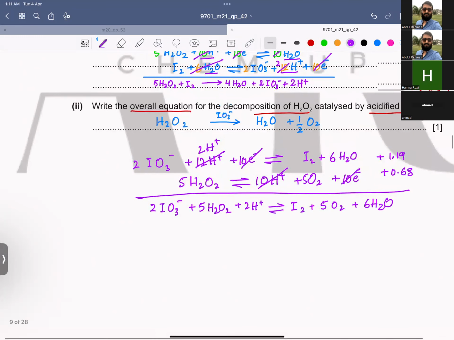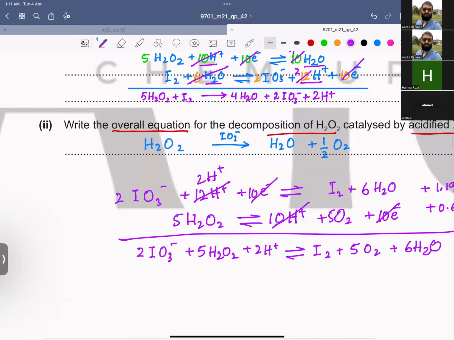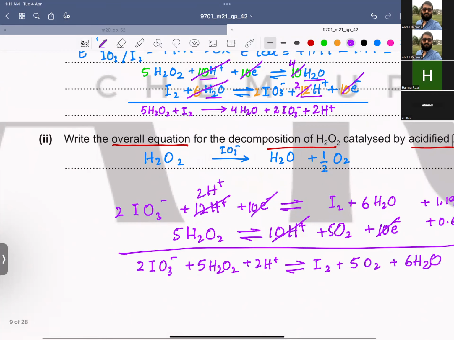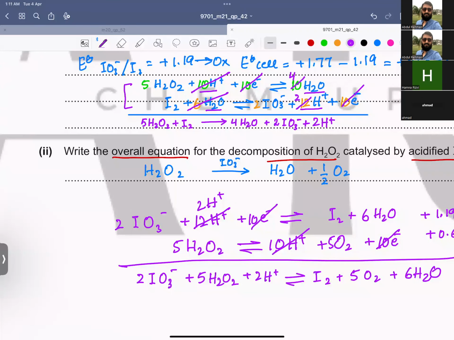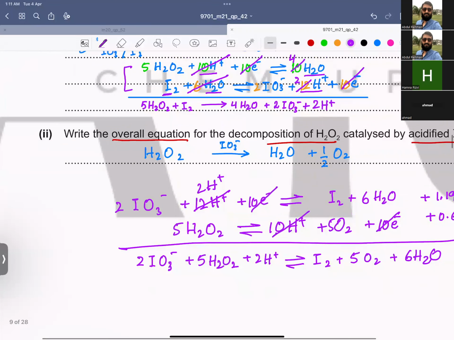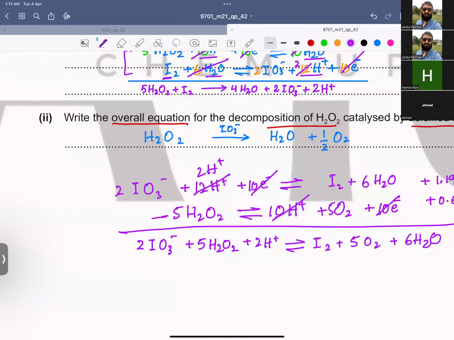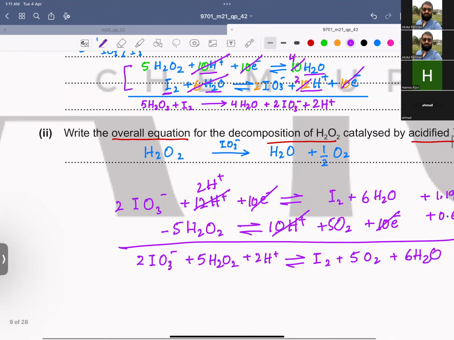Now if you have a look over here, the equation we made when hydrogen peroxide reacted with iodine, and here we have the equation made when hydrogen peroxide reacted with iodate.